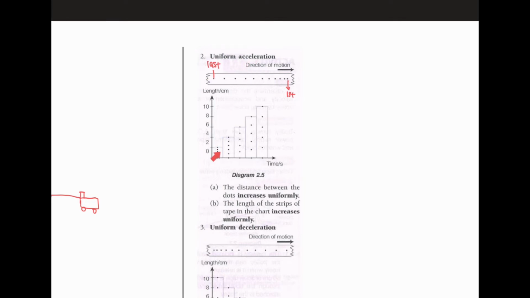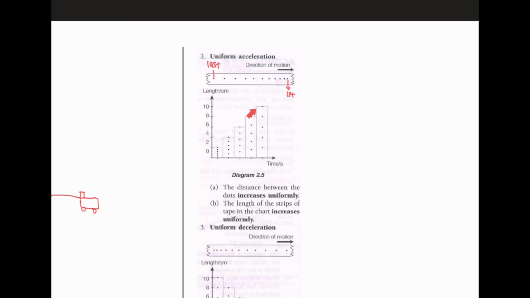If you put them in this chart, you will see they are taking 5 ticks for each ticker tape. The strips are getting higher and higher, showing that the object is moving faster and faster.